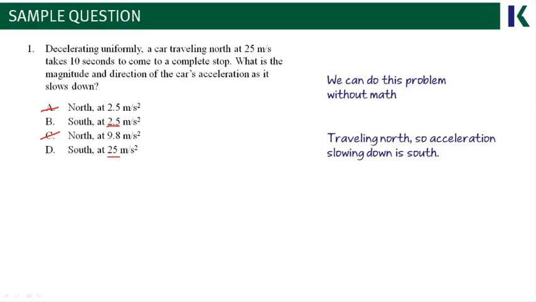If we experience an acceleration in this car of 25 meters per second, that would mean that it would only take 1 second for the car to completely stop, because we take all of the velocity and get rid of it with that large of a deceleration. So we can get rid of answer choice D with that reasoning that has somewhat to do with the math, somewhat to do with reasoning, and we're really just left with answer choice B as our correct answer.